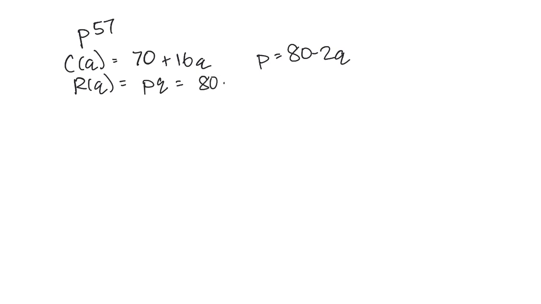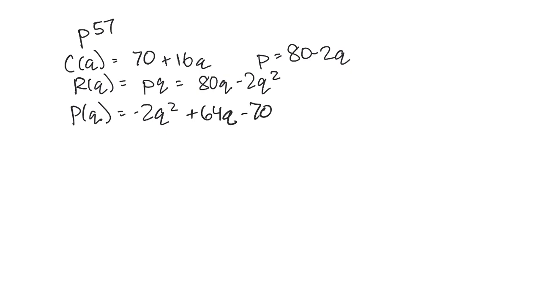We get 80Q minus 2Q squared. Note the profit function then is P of Q equals R of Q, the revenue minus the cost, which is a lot to write down because I didn't put this in our notes. Negative 2Q squared plus 64Q minus 70. Find the number of items Q that maximizes profit.